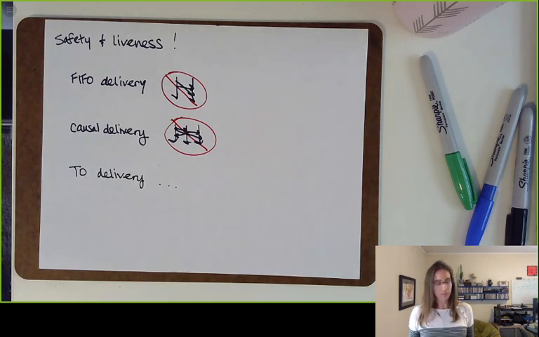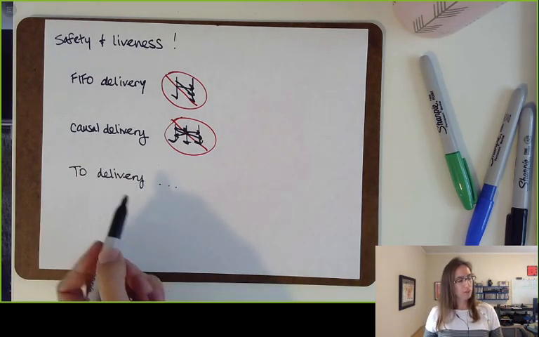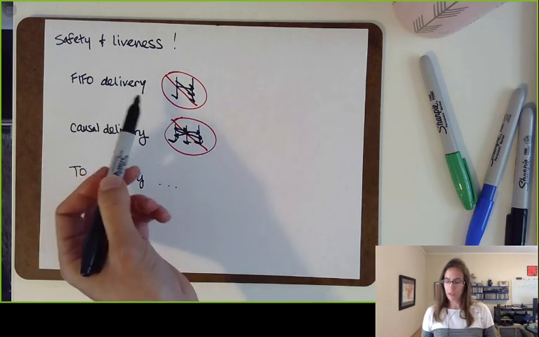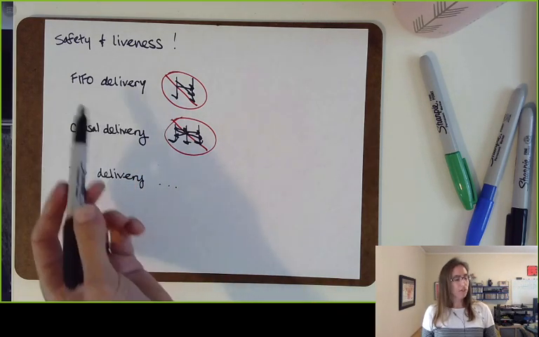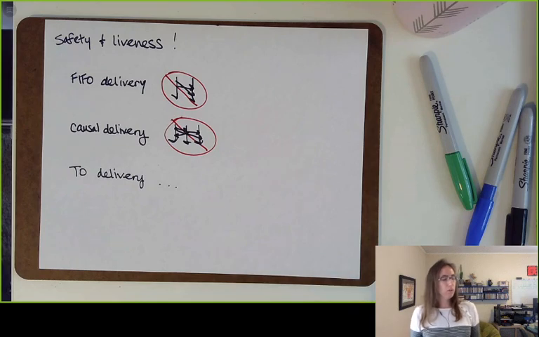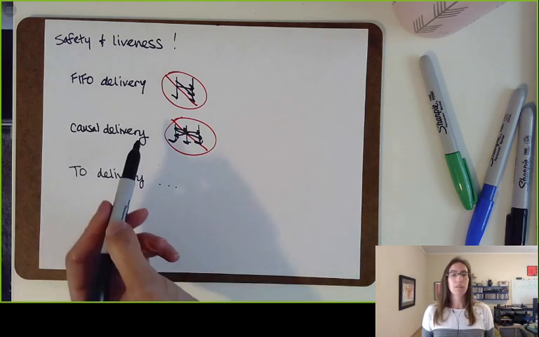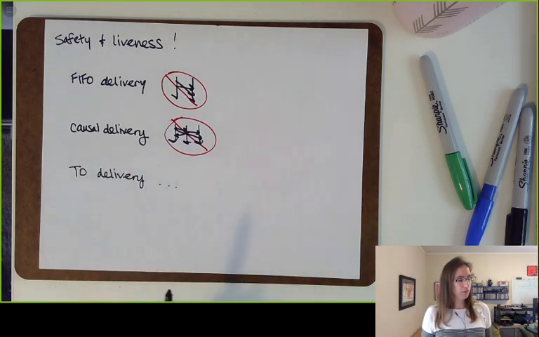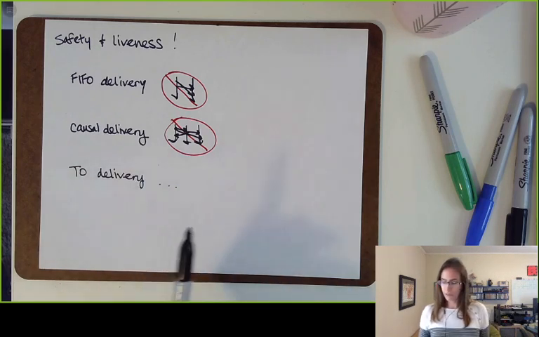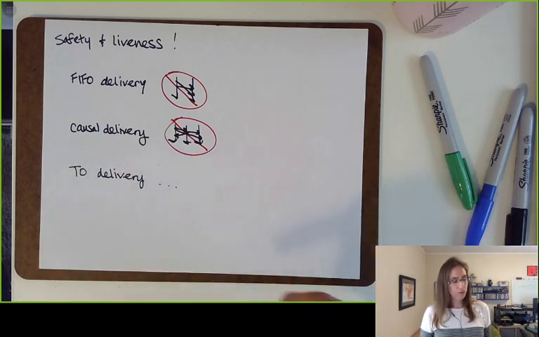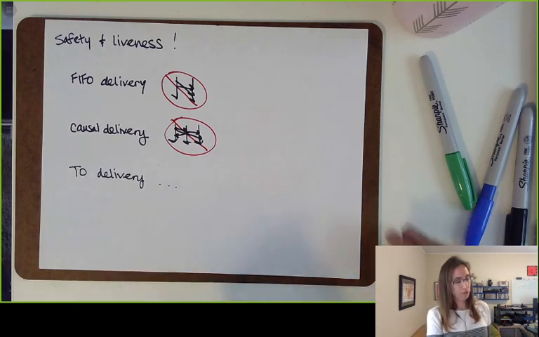And we talked about ways to enforce these. So we talked about enforcing FIFO delivery using something like sequence numbers or acknowledgements. We talked about enforcing causal delivery in the particular case of broadcast messages using the causal broadcast algorithm that we discussed. We didn't yet talk about a way to enforce totally ordered delivery.